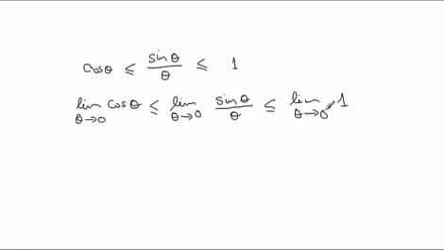Now, starting here, 1 is a constant. It doesn't matter whether theta goes to 0, or theta goes to 5, or goes to infinity. 1 will remain a constant 1. So that limit is going to be equal to 1.